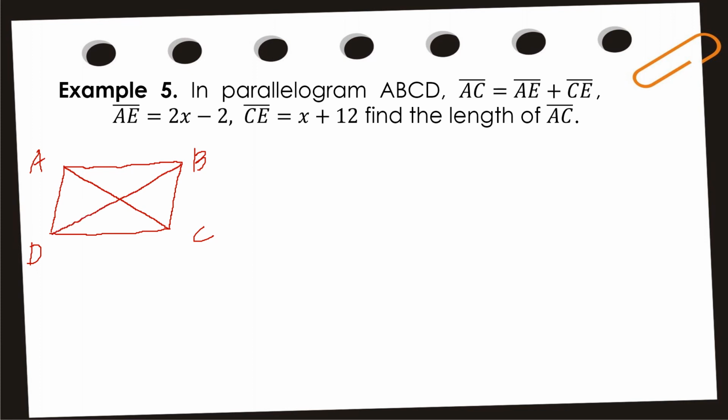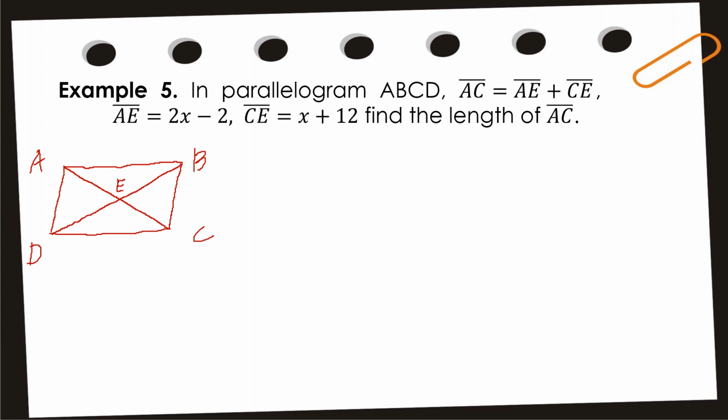Now, the intersection of diagonals AC and BD is point E. In this given problem, we apply the fourth property that we have learned, which says in a parallelogram, the diagonals bisect each other, meaning the diagonals divide each other into two equal parts.